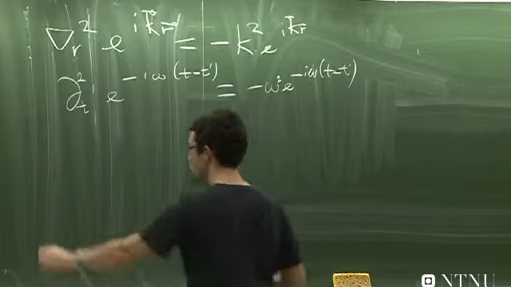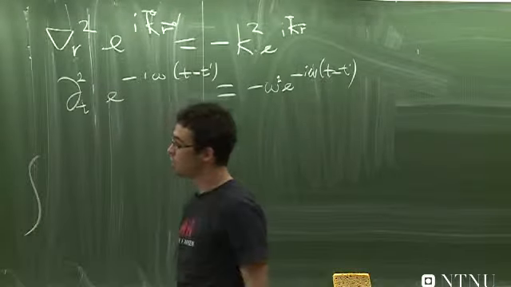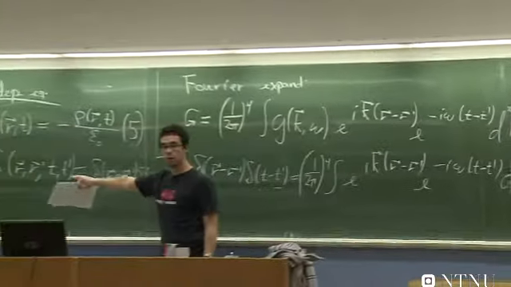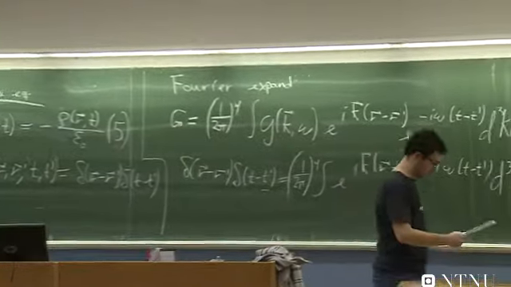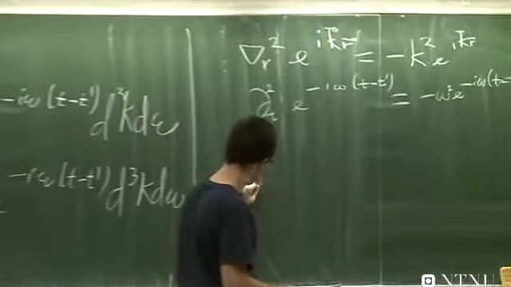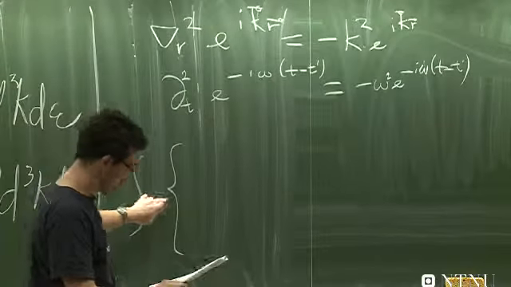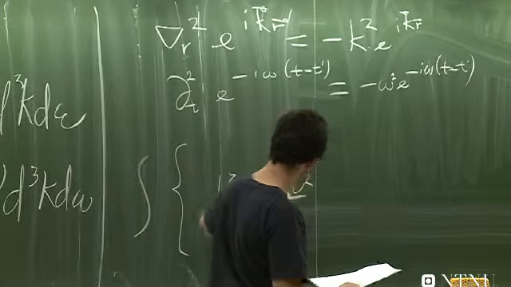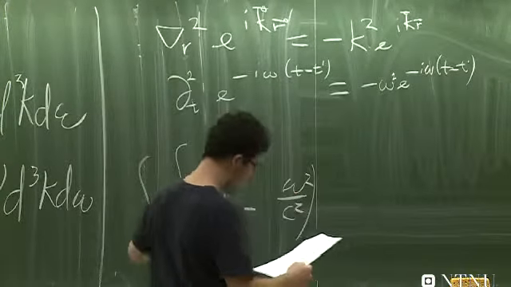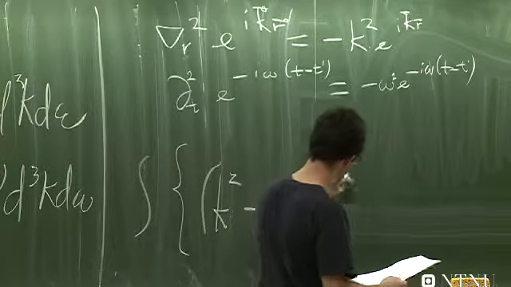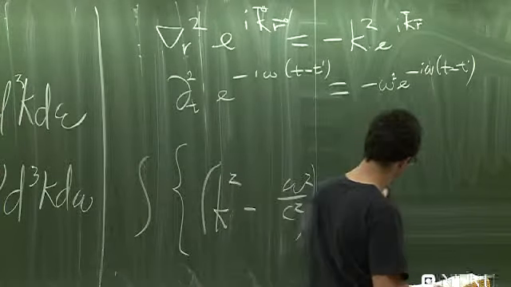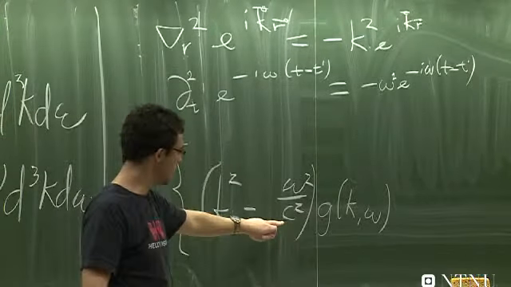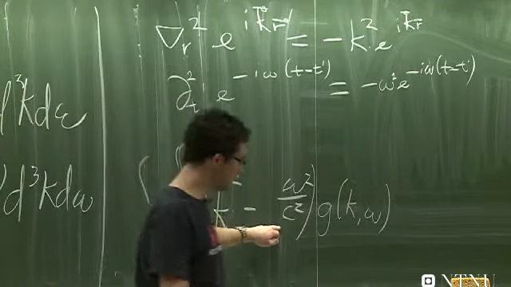Let's see, if I move this term here, the delta functions, on the left hand side, gather the integrals, I get that the integral looks like this. There's an integral sign and a bracket, k square minus omega square over c square, multiplied by g of k omega. As before we got k square g of k, but now there's also the omega from the time dependence.